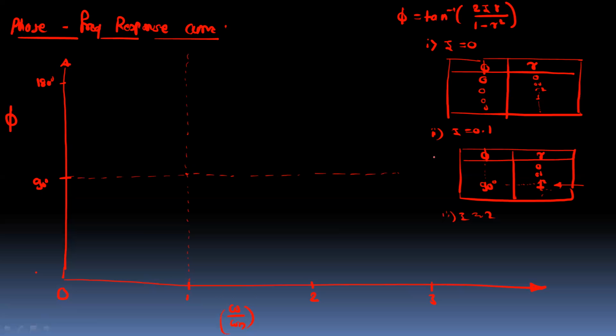Just for zeta 0.1, what is the nature of the graph? As we increase the value of r gradually, phi will change. At 1, it will become 90 degree. Suppose we are increasing the r value. Your first value will be 0. After that, you will get different values like this. Then there is a rapid increase as the frequency ratio approaches 1. At 1, it will become 90 degree.